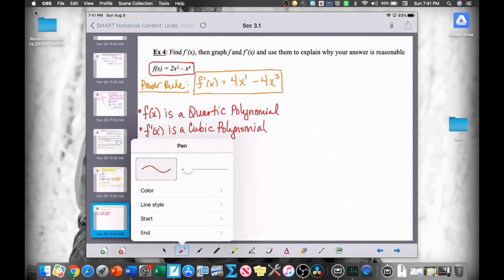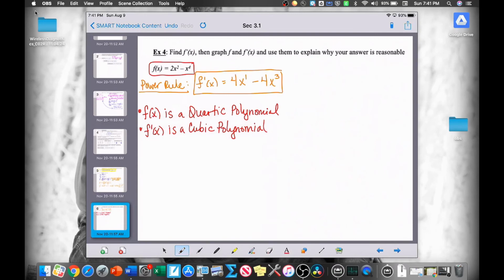All right, let's take a look at the graphs here. So I'm going to sketch a coordinate plane, and then we'll use our graphing calculator to graph these for us.